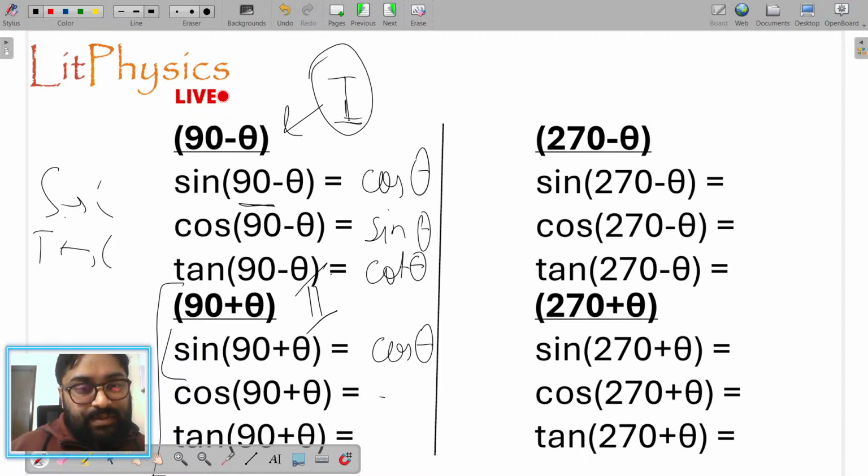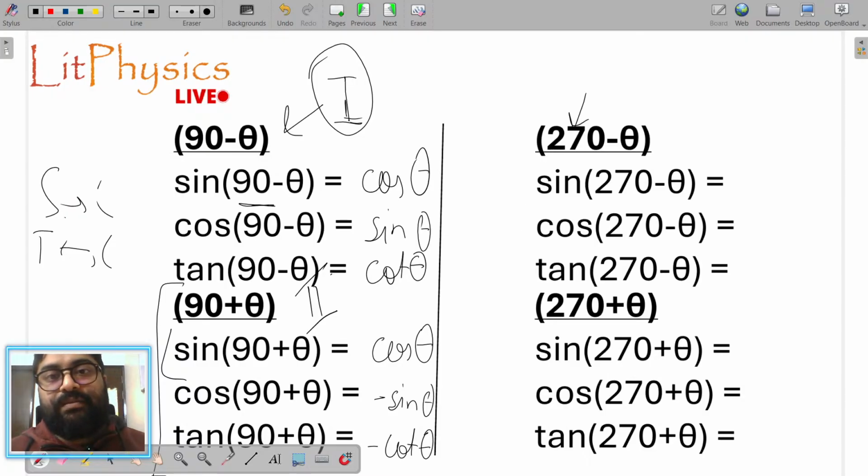Therefore, this becomes minus sine theta. And similarly, tan 90 plus theta becomes minus cot theta. Simple enough, right?